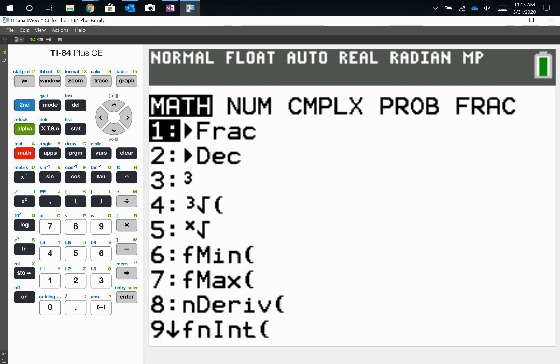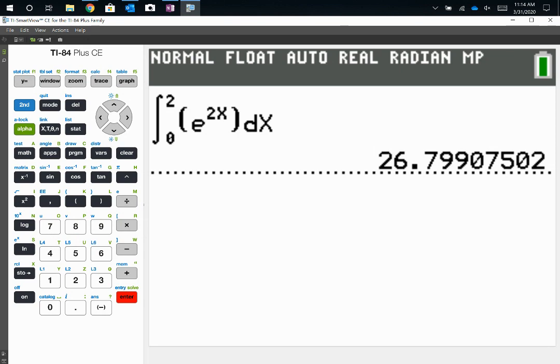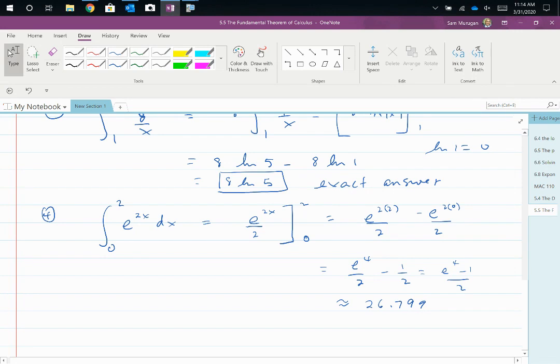Math, number 9, 0 to 2, e to the power 2x dx. Okay. So again, a great way to check your answer to see if it's correct.